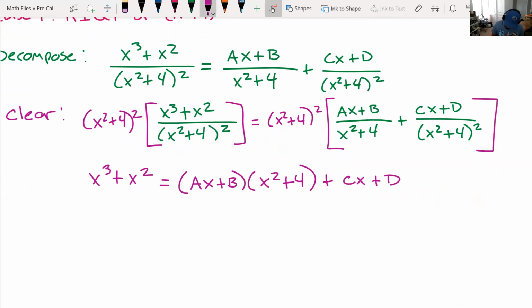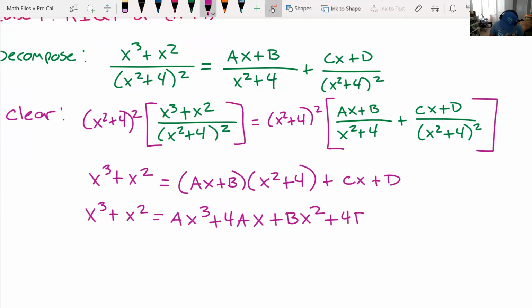So we don't want to do that. X cubed for a x, we get squared 4b, cx.